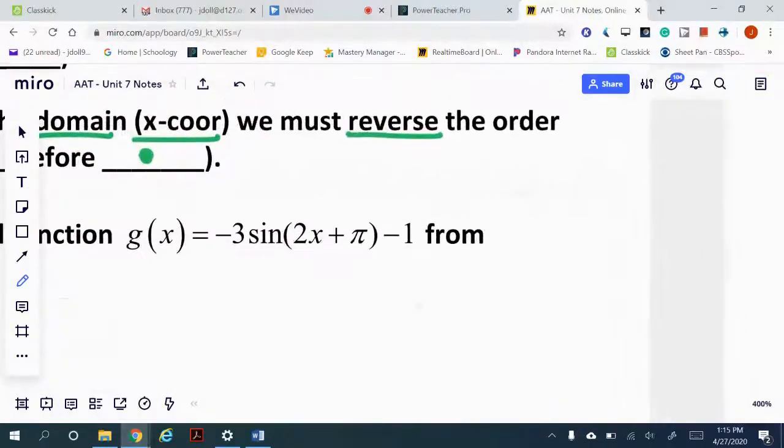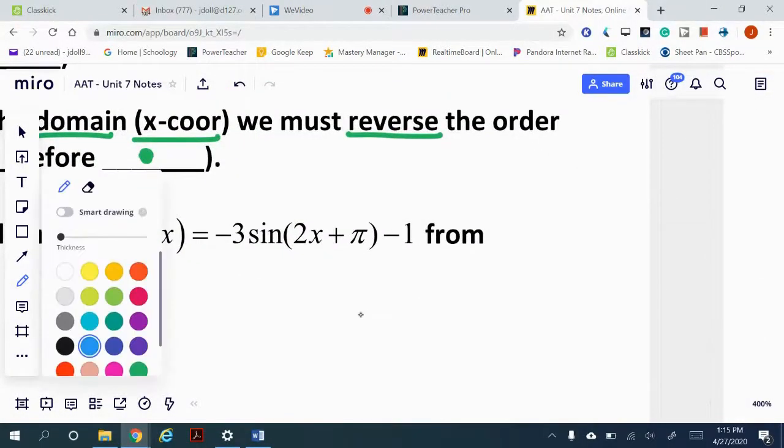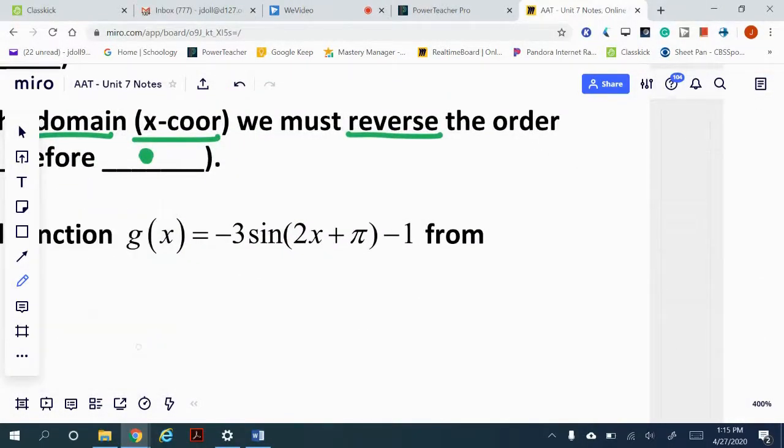So when we look here, when we look at this trig function here, the first question we have to ask ourselves is, did A, B, C, and D change from the parent function? The answer is, for all of them, yes. We can see here A is -3. We can see that B is going to be 2. We can see that C is -pi.